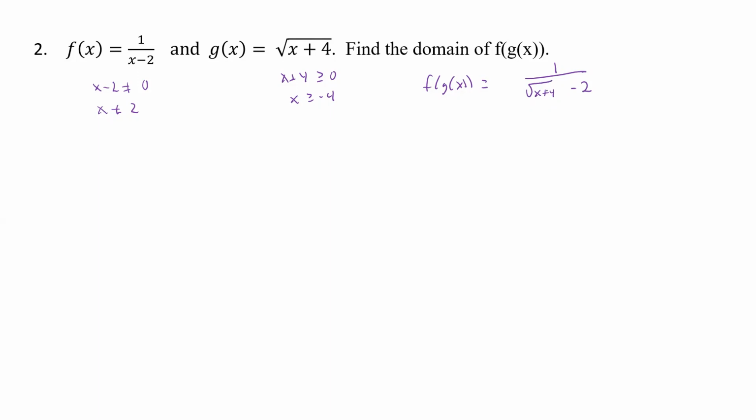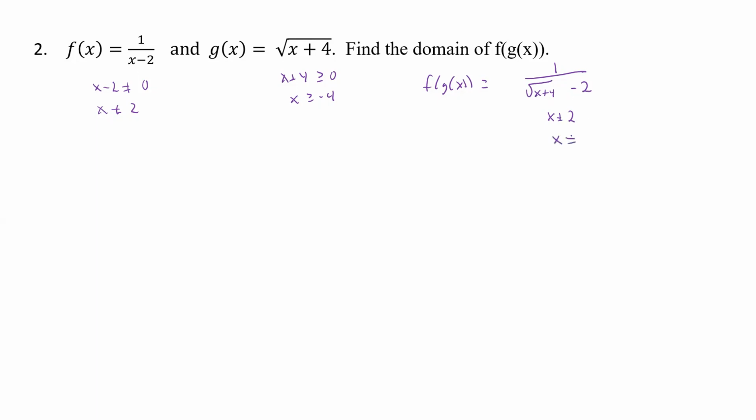And the other key thing is that this cannot equal a positive 2, because if when x is 0, that's going to become 0 here. So that gives us that x cannot equal 0.